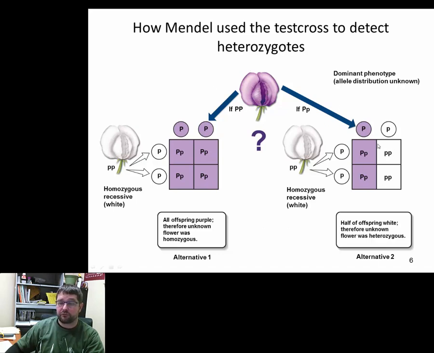If the offspring show a 50-50 ratio or close to it, then you know the original parent was a heterozygote. And so this is just an easy test that Mendel designed to find out what portion of the F1 generation were heterozygotes versus homozygote dominant.